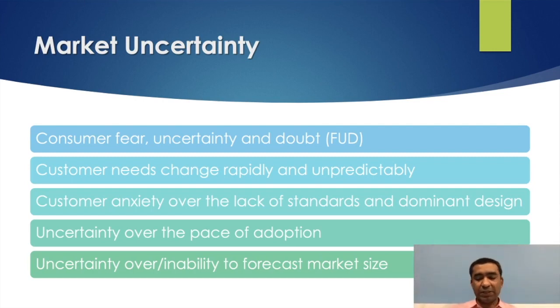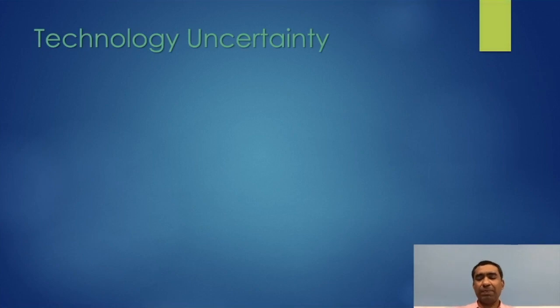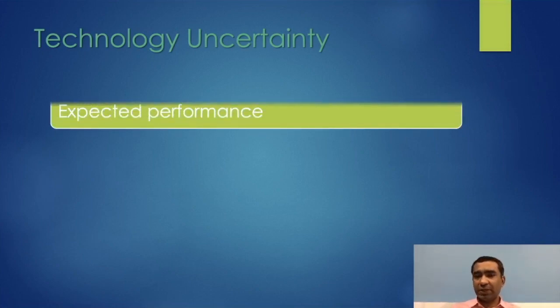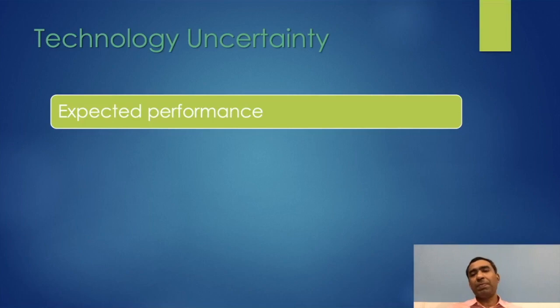Okay, now this is important. Let's move on. The second point here is technology uncertainty. Obviously people expect some performance from that product, but at the same time they have uncertainty about whether the new product will meet our requirement, will perform as we expected, or will do as the provider has promised them.